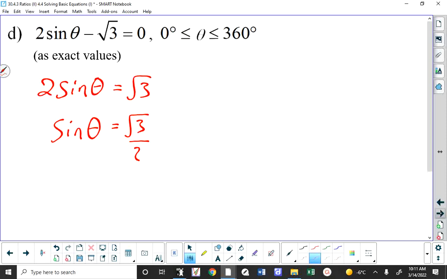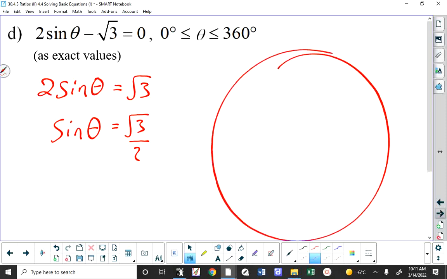There are those two 60-degree angles at the top. I've decided this year to try something different. Rather than saying, well, I'll do both, but you should almost know that these are the two positions based on your work with the unit circle, you don't have to do that. Everybody find the reference angle for me, please.